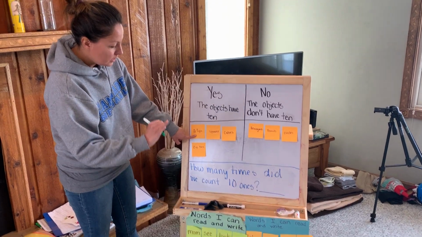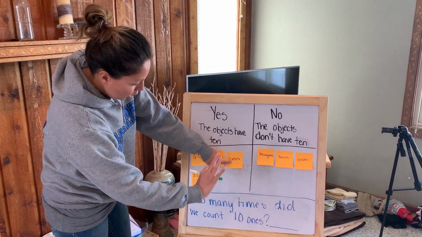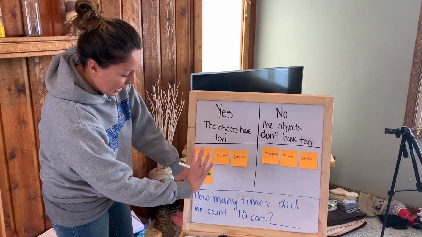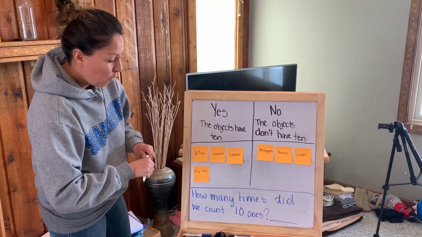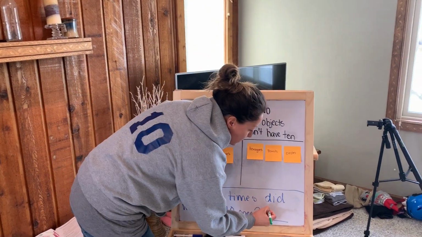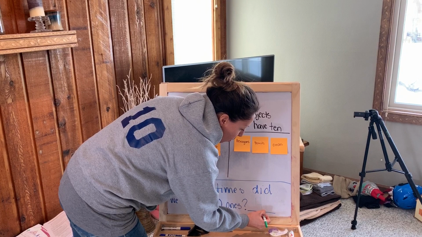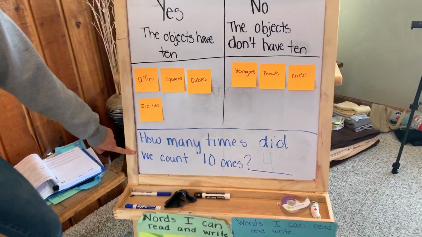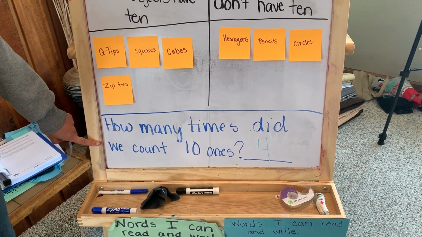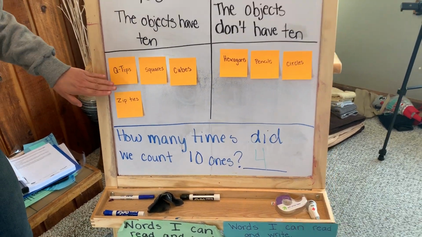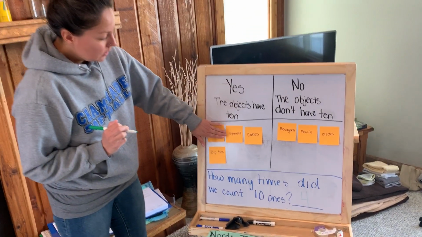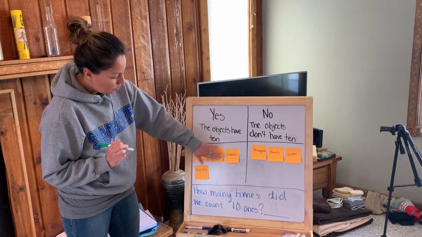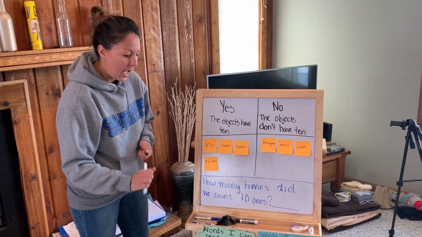We had Q-tips, the squares, the cubes, and the zip ties. We got 4 groups of 10 ones. So I'm going to write the number 4 on that line. How many times did we count 10 ones? We counted 10 ones 4 times. And again, it was with the Q-tips, the squares, the cubes, and the zip ties.